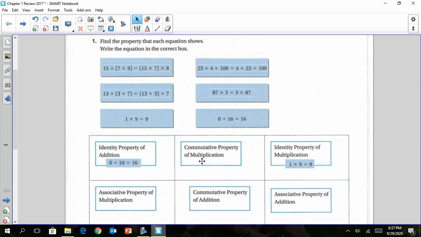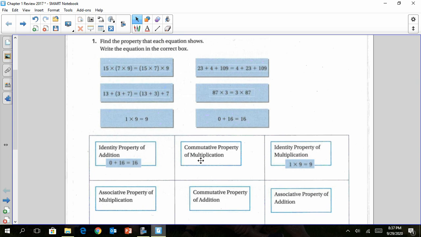For the commutative property, commutative means that we want to flip-flop the numbers or change the order around. So the commutative property of multiplication would be an equation where we have rearranged the numbers into a different order.